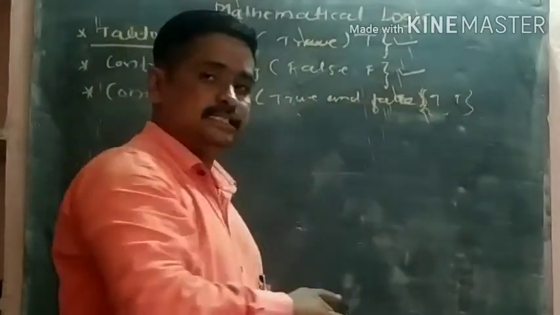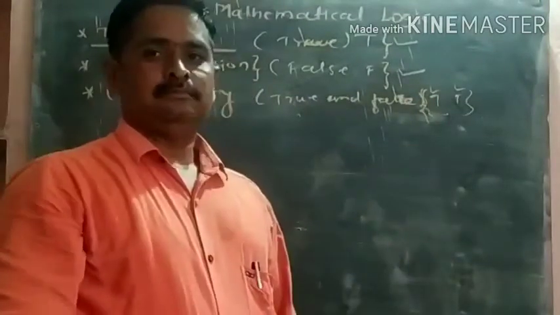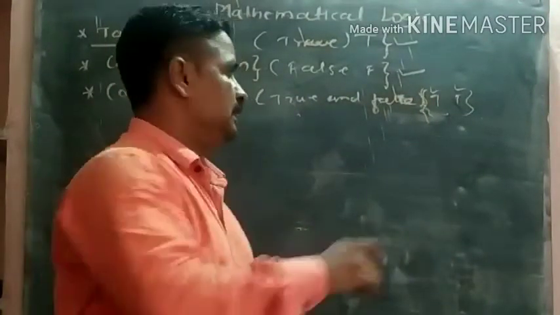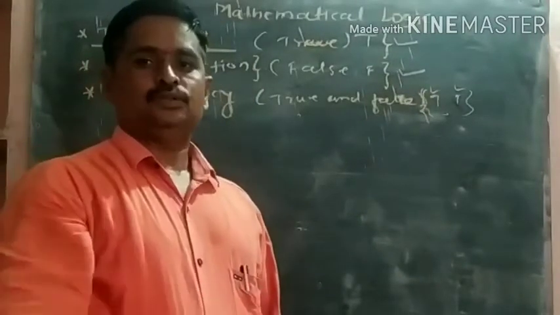It is a contingency if and only if both values are present in the respective column. That means T is present and F is also present.